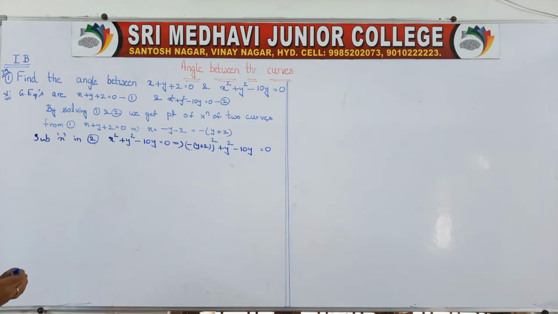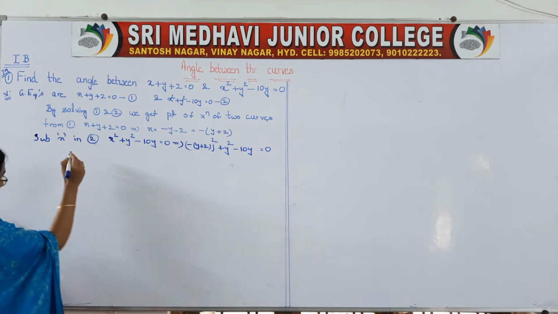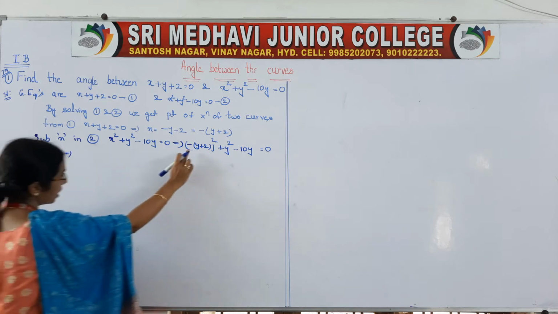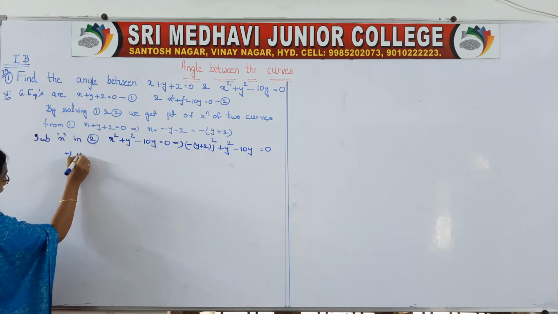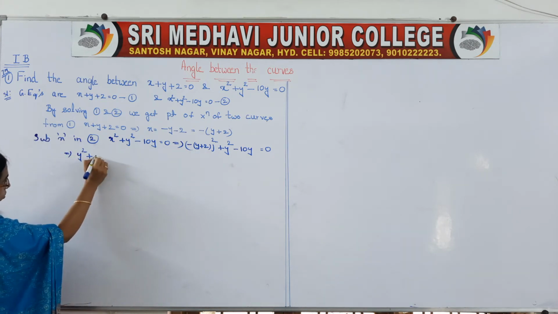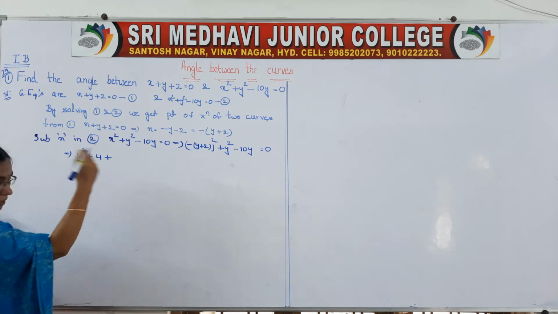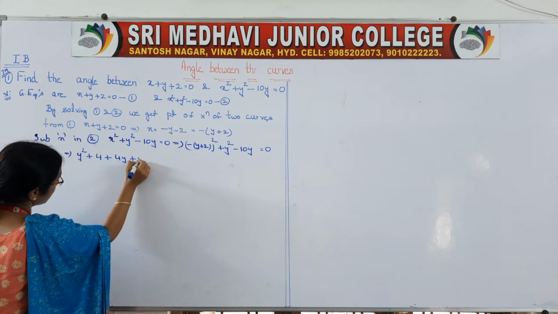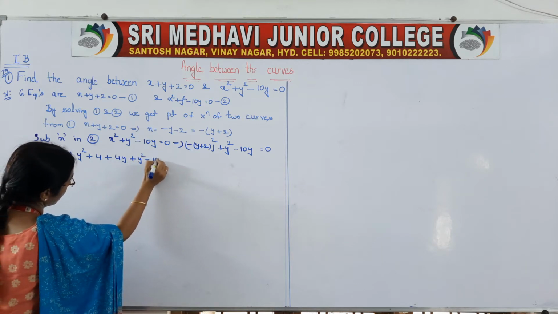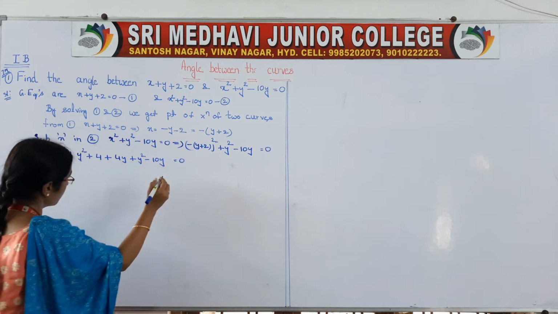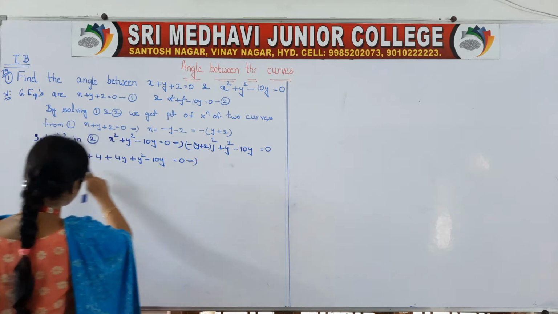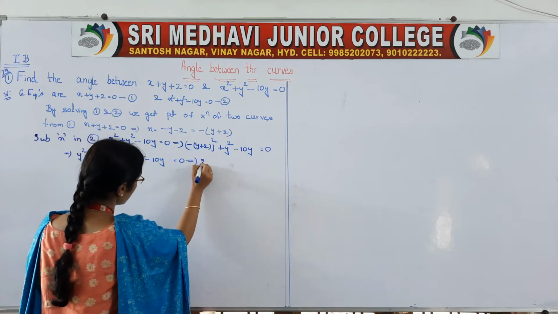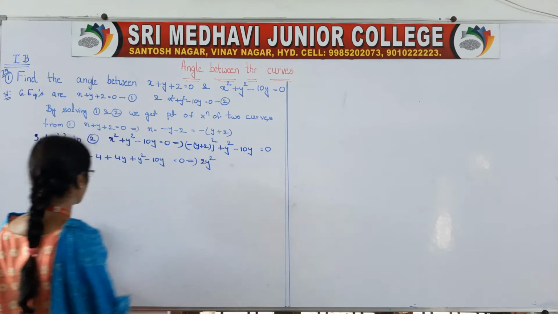Minus into minus is plus, right? So we can write that in a plus b whole square form: y square plus 2 square, which is 4, plus 2ab form, that is 4y, plus y square minus 10y is equal to 0. So y square plus y square is 2y square.